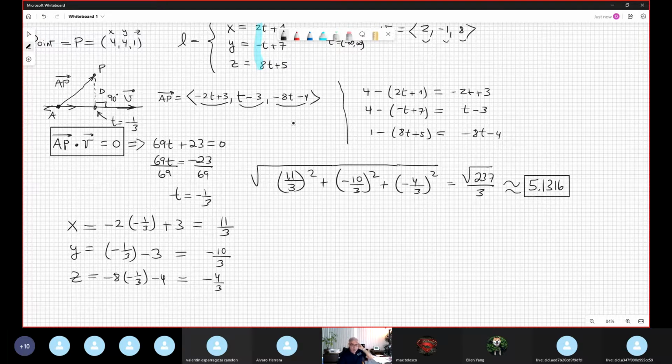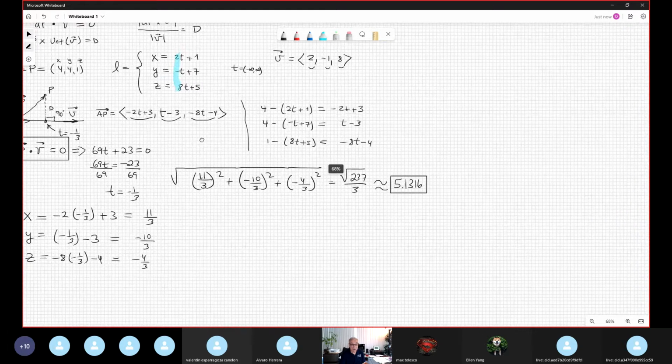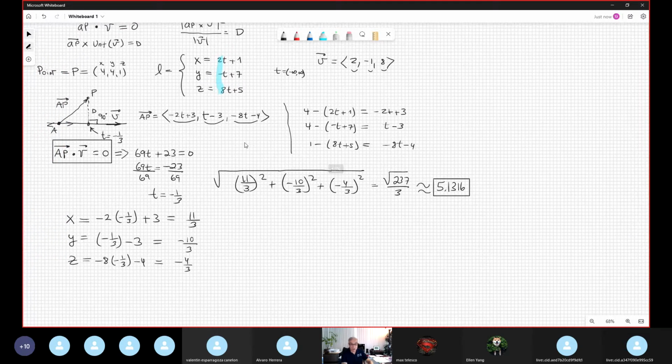Another possibility of solving this problem, which personally I like, is using projections. In projection, remember, we have horizontal and vertical. But in this case, it's much better vertical. The segment I try to find is perpendicular to the direction vector of the line.